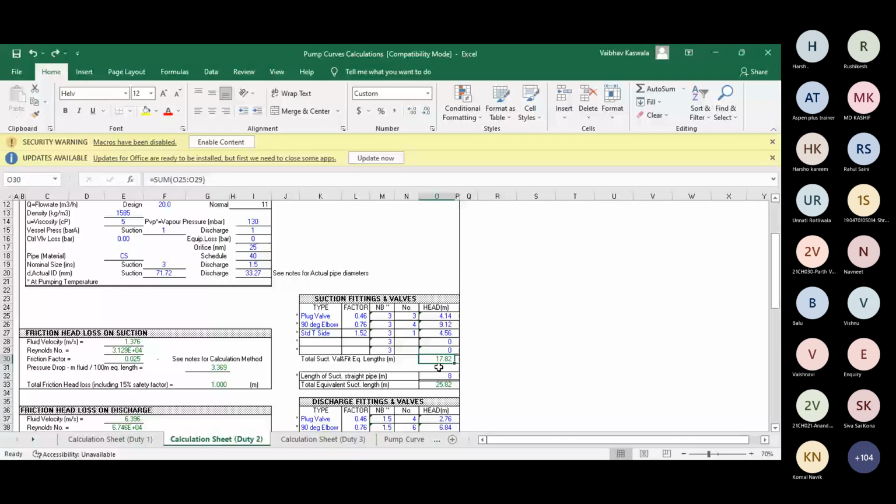So what is equivalent length of pipe? So suppose if there is a valve, right? There is a globe valve, suppose, and the equivalent length of pipeline for that globe valve is suppose 10 meters. So what is 10 meters? So particularly that globe valve will give me pressure drop, right?